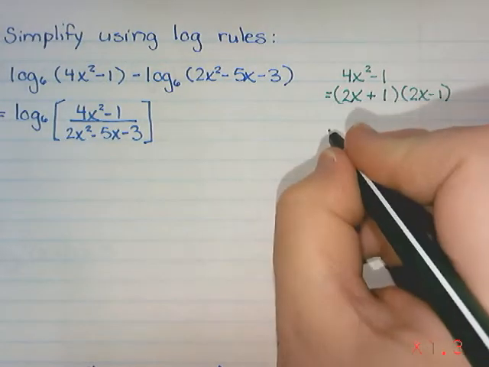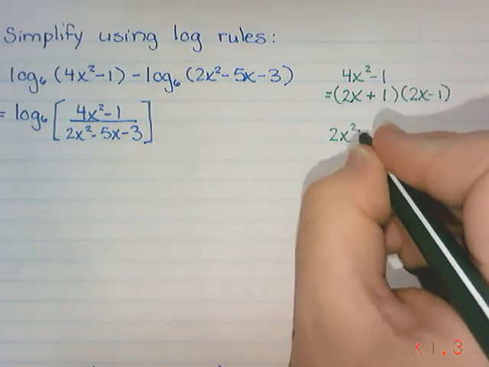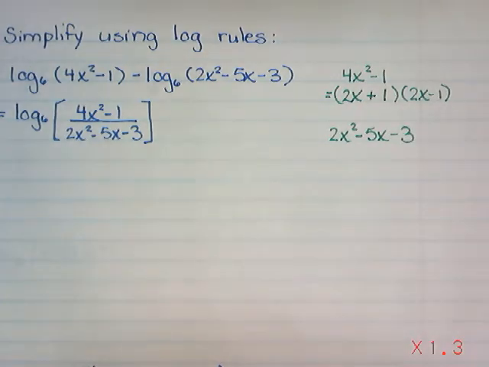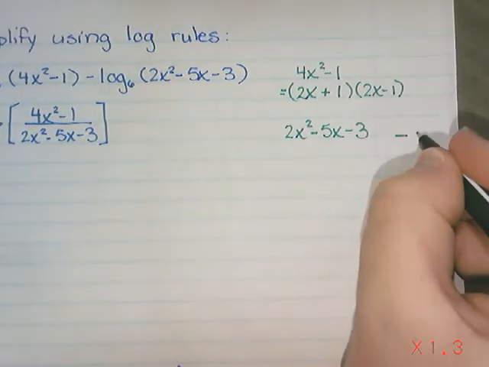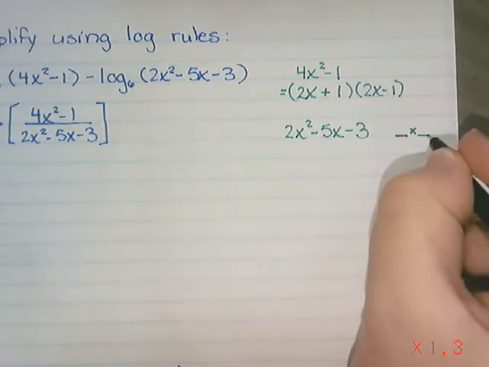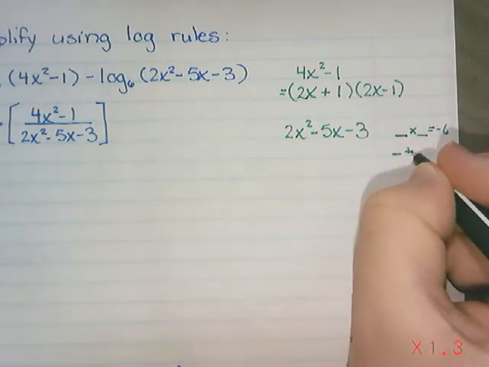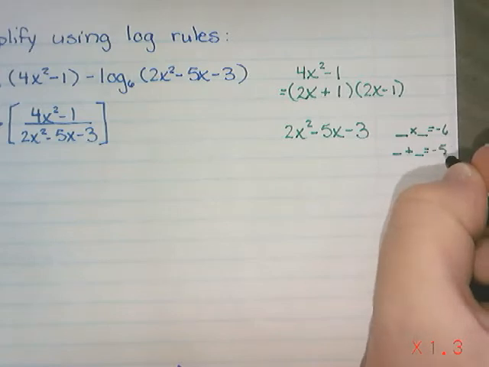Then I'm going to take 2x squared, take away 5x, minus 3. This has three terms, so my first option would be a common factor, which I don't have. The second option is to use decomposition. I am looking for two numbers that multiply to negative 6 and add to the middle term of negative 5.